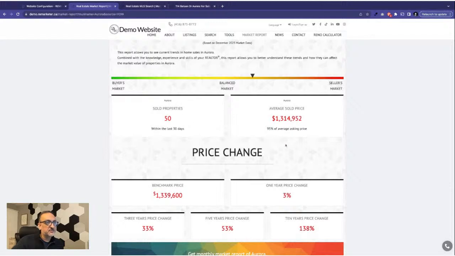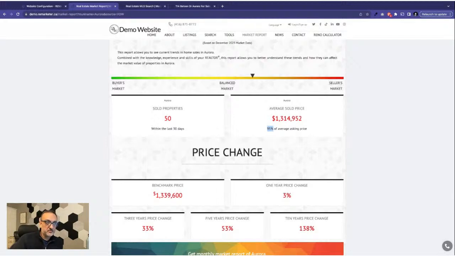That's the average sold price, which is 95% of the average asking price. So right here, we can do the first analysis. You can see that most of the properties are selling for less than the asking price. That's one dynamic that you can see, and it's about 5% less than the asking price.